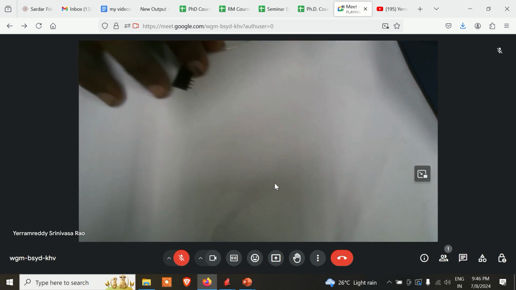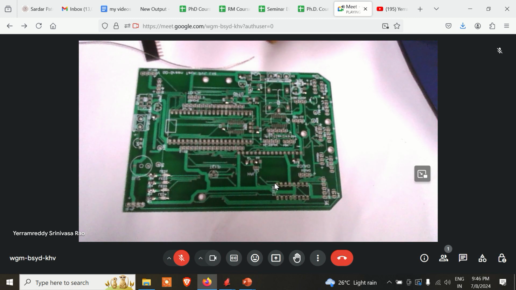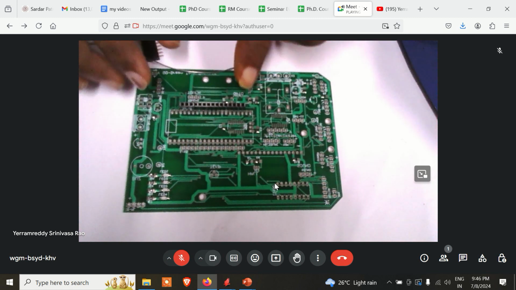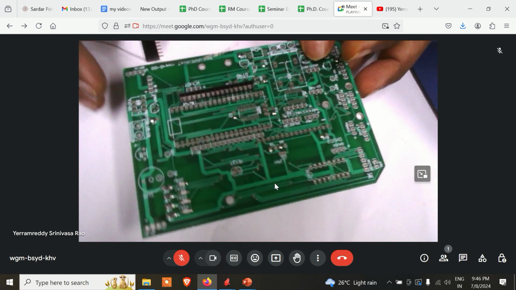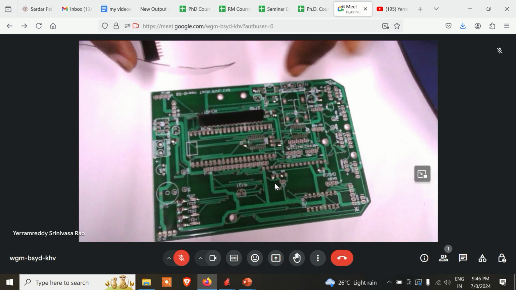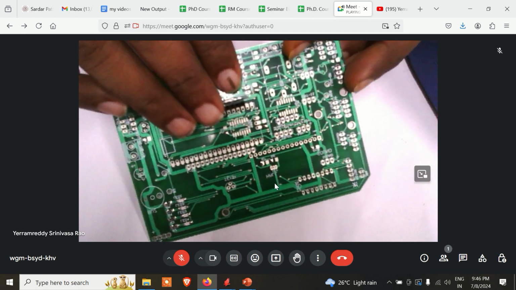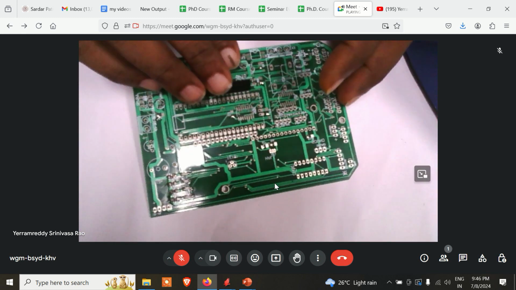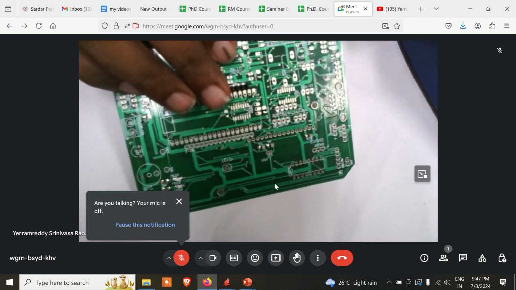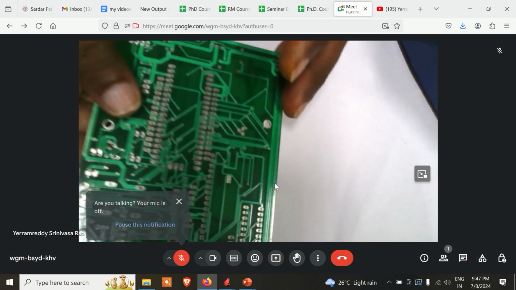For the microcontroller, the outer side, the 15 pin outer Burg strip, put it on the component side. This is the component side. However, now do the soldering. As I told you, all SMD components we soldered from the top side, but now we are soldering non-SMD components.